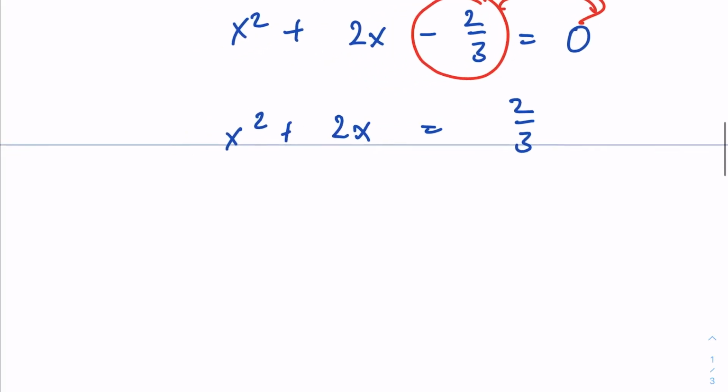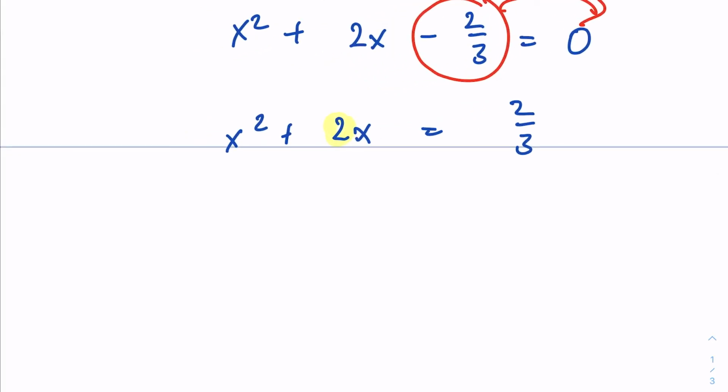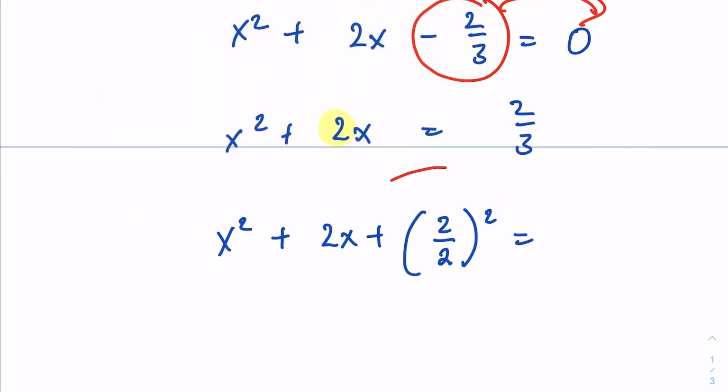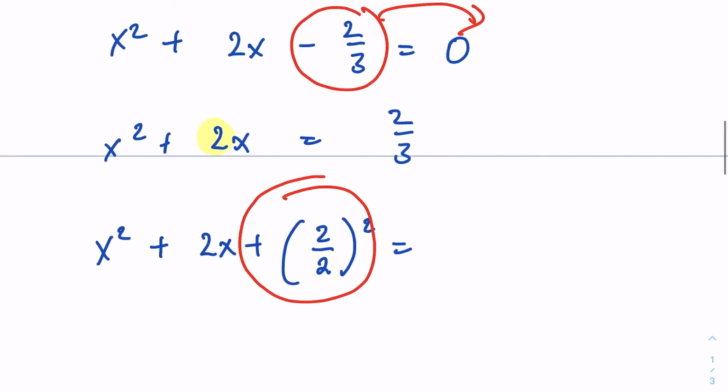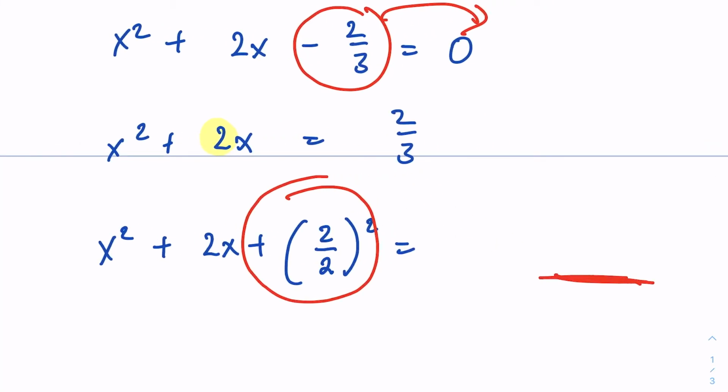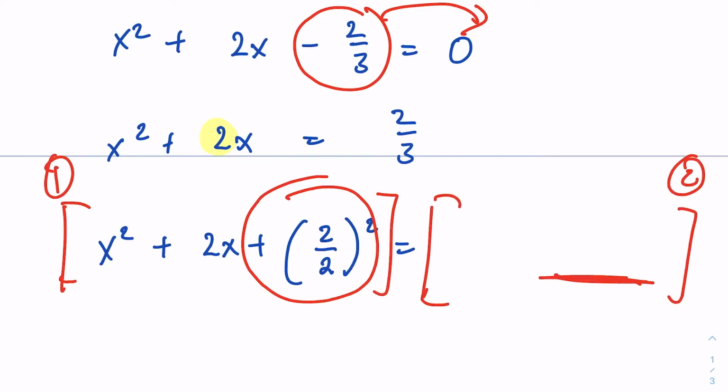The next step, since your coefficient of x is 2, we apply the formula 2 over 2 squared, and since we add it on the left hand side, we have to add it on the right hand side such that these two are equal, because these two sides must be equal because of the equal sign.